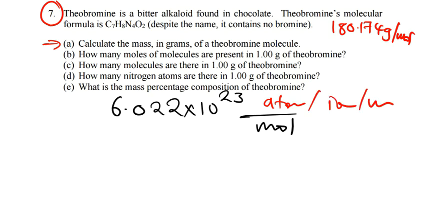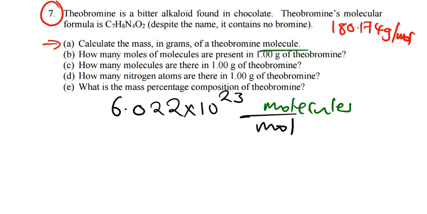Now in this case, calculate the mass in grams of a theobromine molecule. So we're going to say molecules per mole. We've got that number of molecules per mole. That's very, very important.